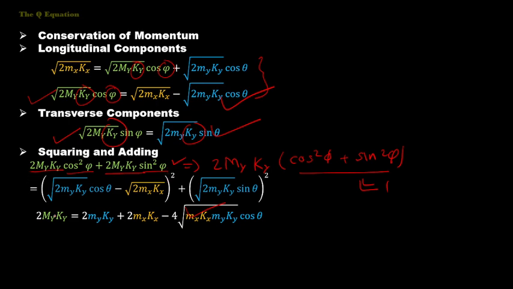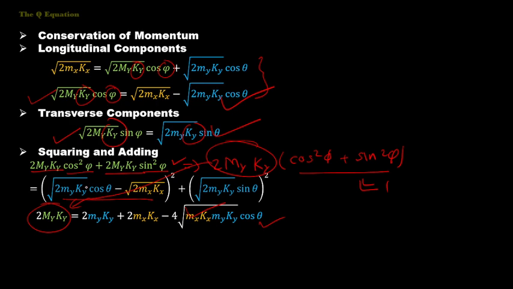So on the left hand side there remains only 2 mk and 2 my ky, and on the right hand side we expand this square and some cancellation will lead us to this right hand side.